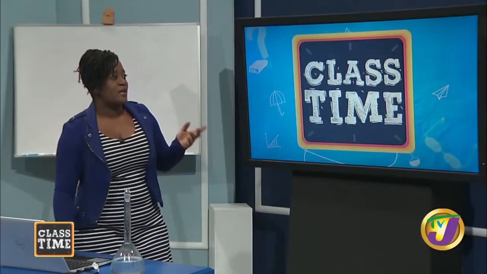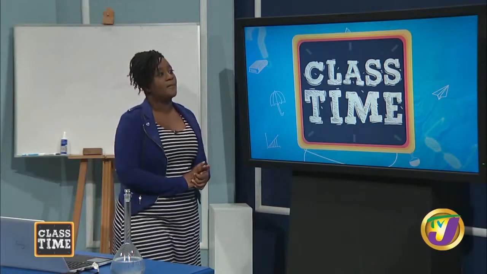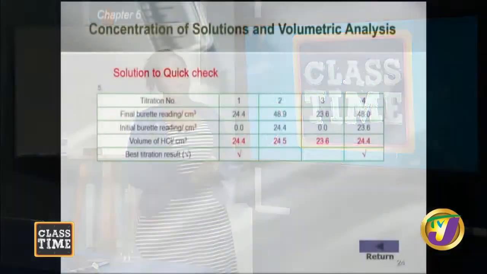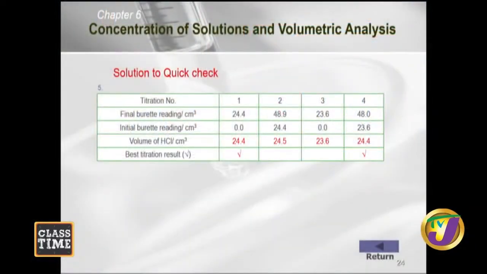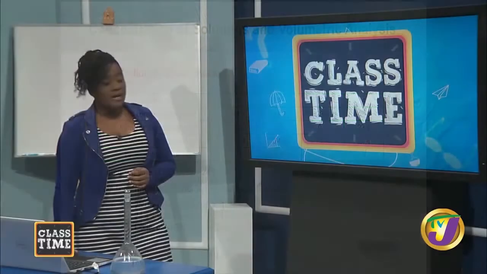All right? So here's our table. And we have 4 values. We have 24.4, 24.5, 23.6, and 24.4. And of course, we will use the 2 closest values. And if we have 24.4 and 24.4, we would just add both of them and use them. All right?